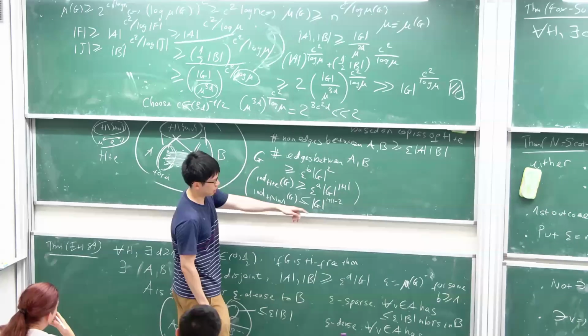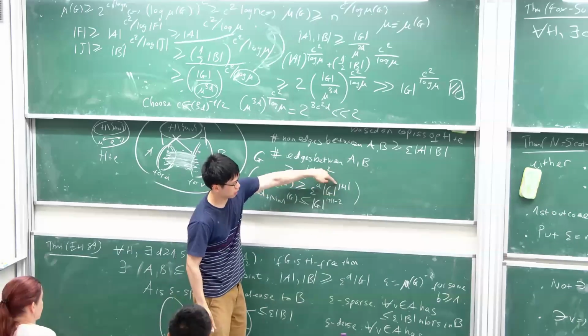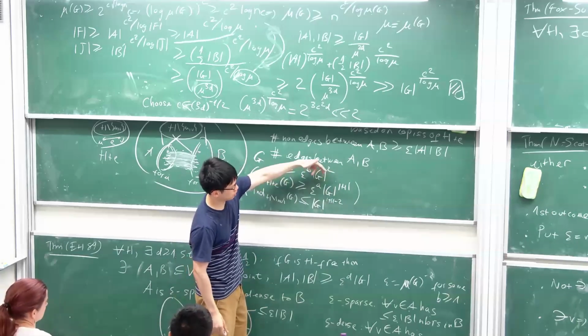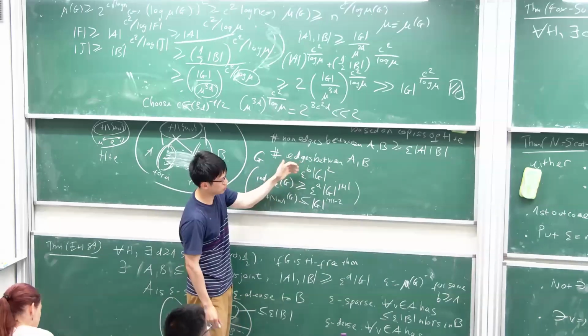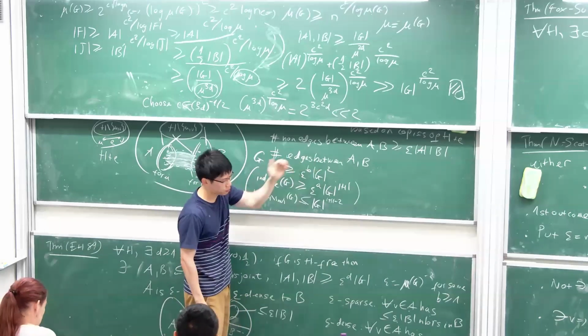So there is a slack in these two expressions, and the slack is about some power of epsilon times G squared.